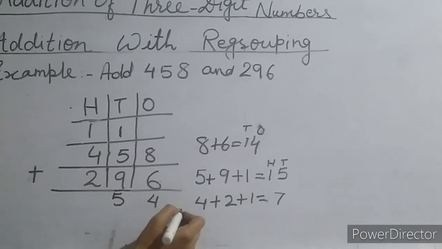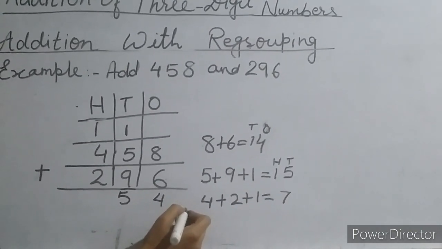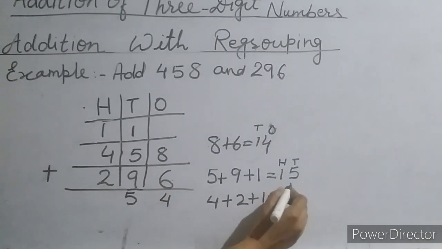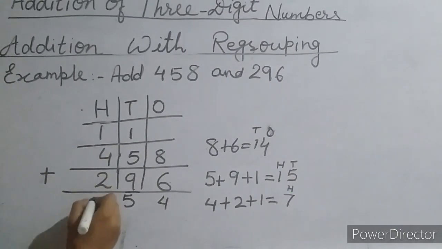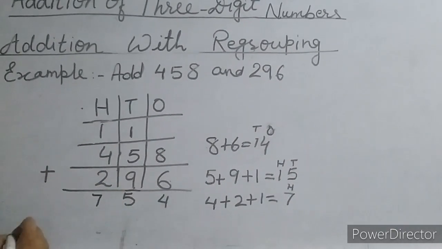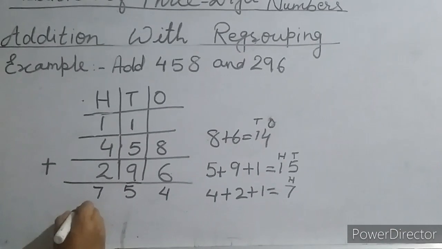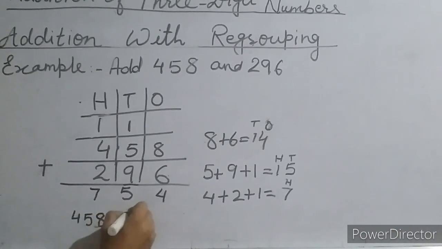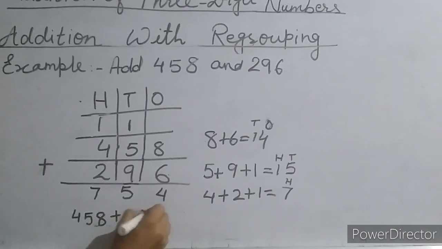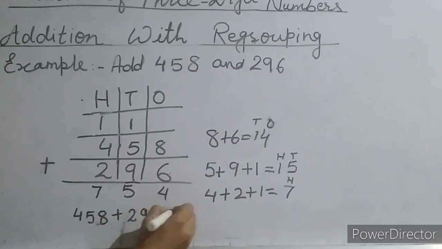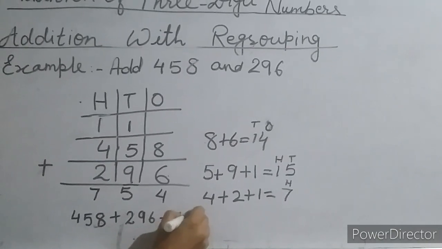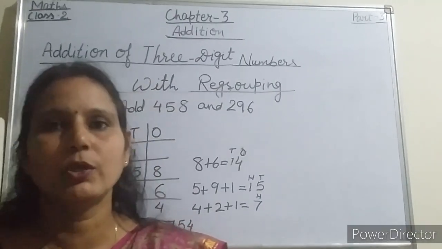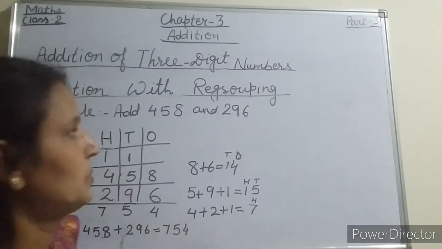So students, now we will write 7 under the hundreds column. So 458 plus 296 is equal to 754.